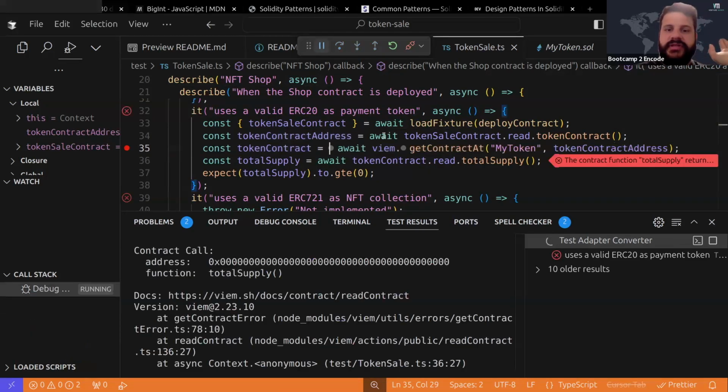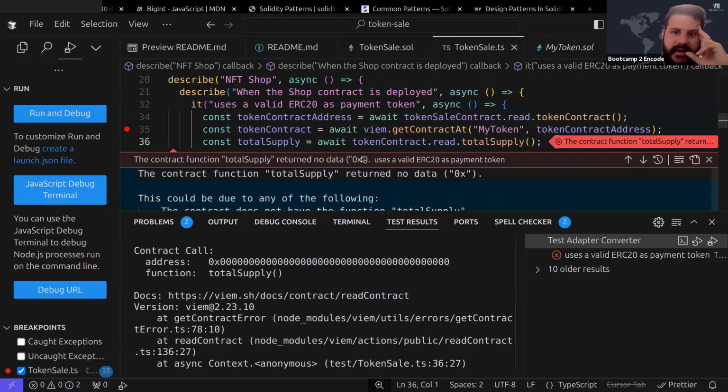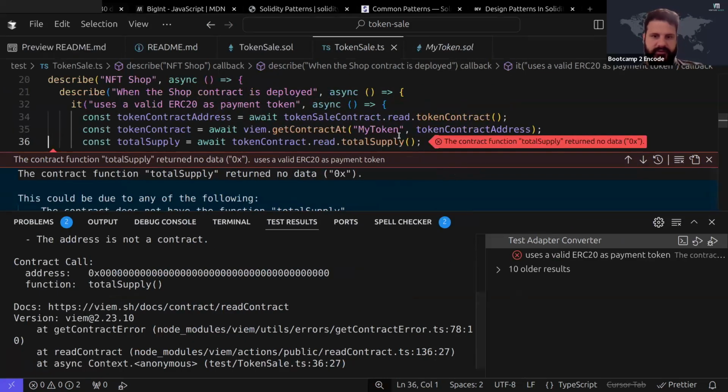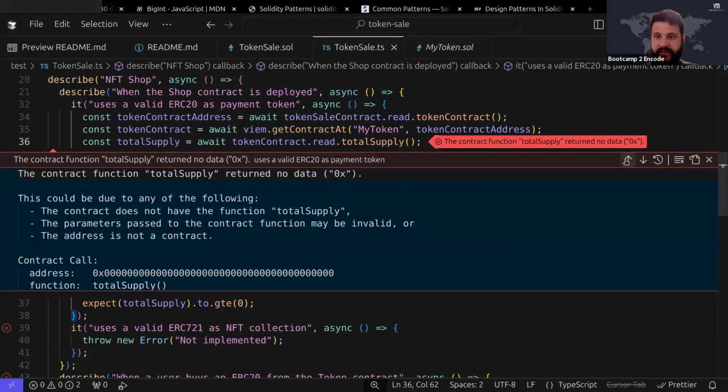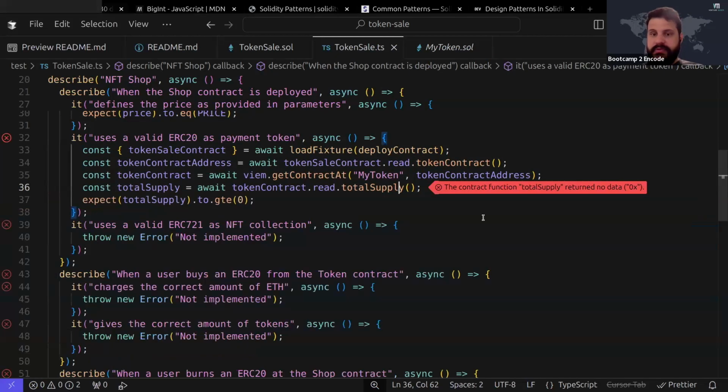But then when I continue, I have this problem. The contract function returned no data, it is not able to respond to this call. Total supply. I could try with name, symbol. I could do many calls here and they would all fail, of course.